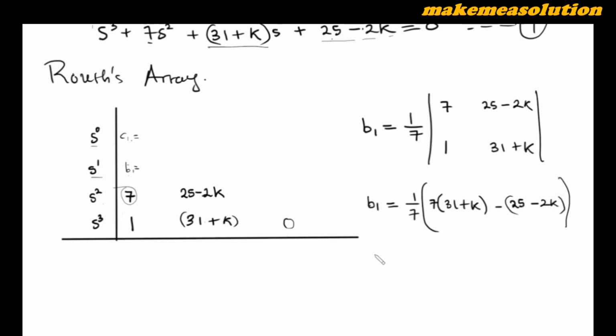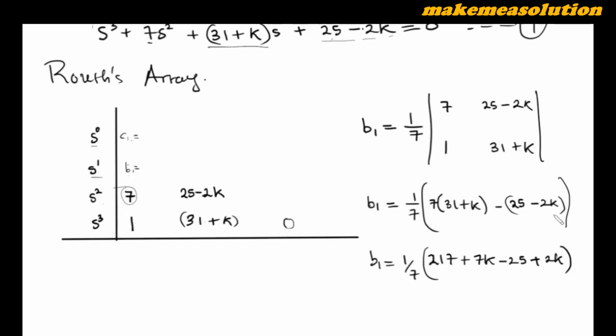So you have b1 is equal to 1 over 7, and this times this is going to give you, if you calculate it very carefully, 217 plus 7k, and you now have minus 25, then plus 2k.